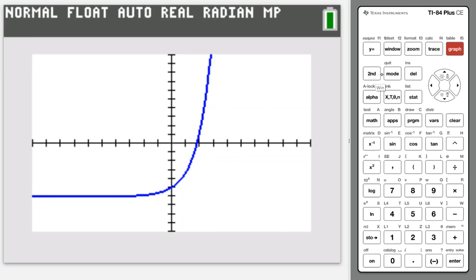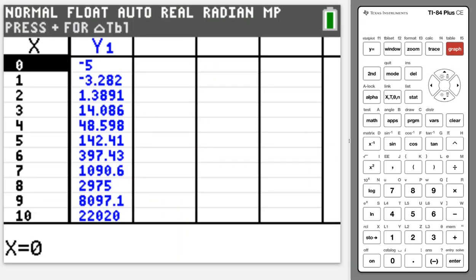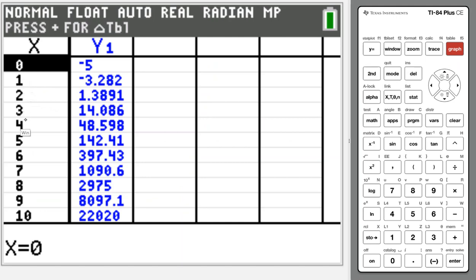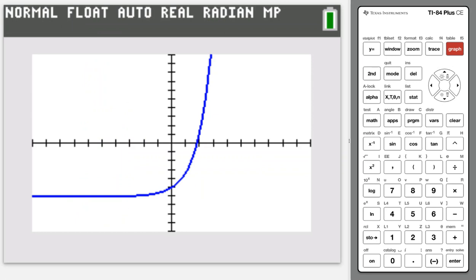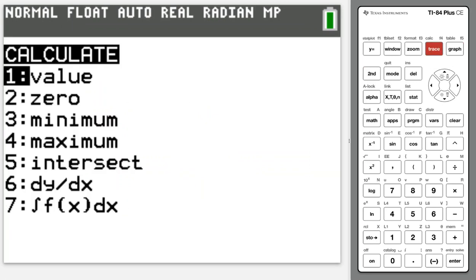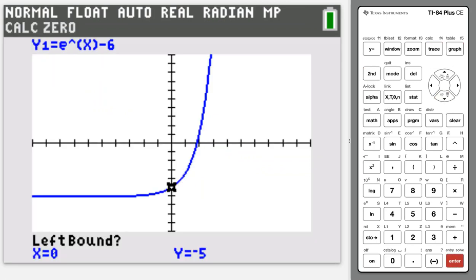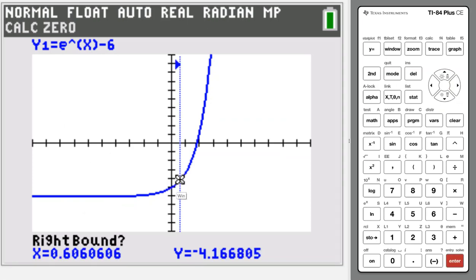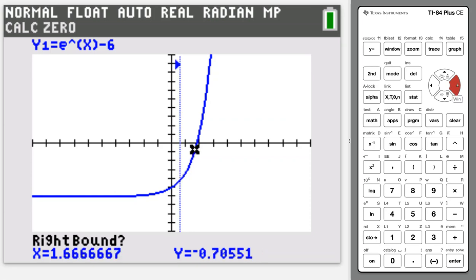I've noticed going around helping some of y'all, some of you like the table, and that's great, but oftentimes the table just has integers. That's not accurate enough. You can see it's somewhere between 1 and 2, but you've got to get within 3 decimal places. So instead, you could do second trace, calculate the 0. Left bound means hit enter when the cursor is somewhere to the left of the 0 you're trying to find.